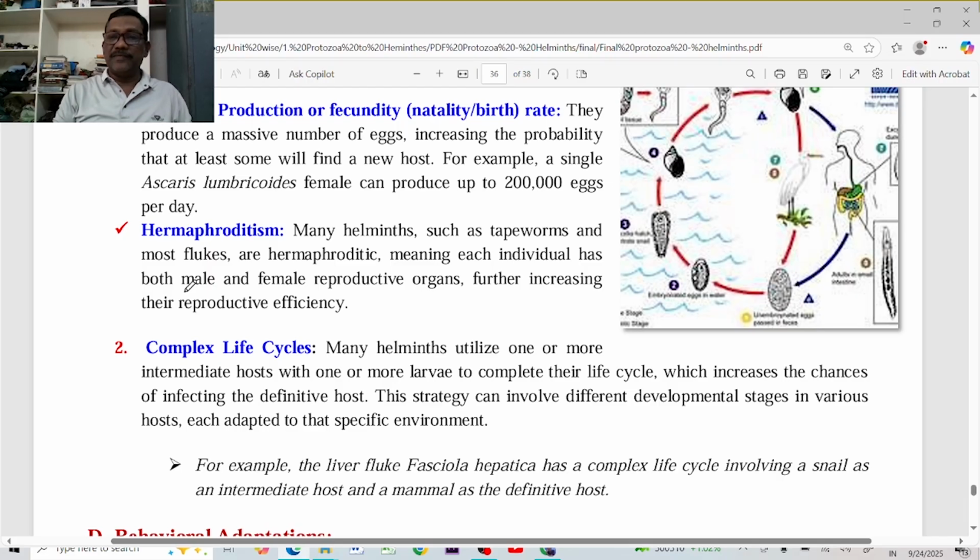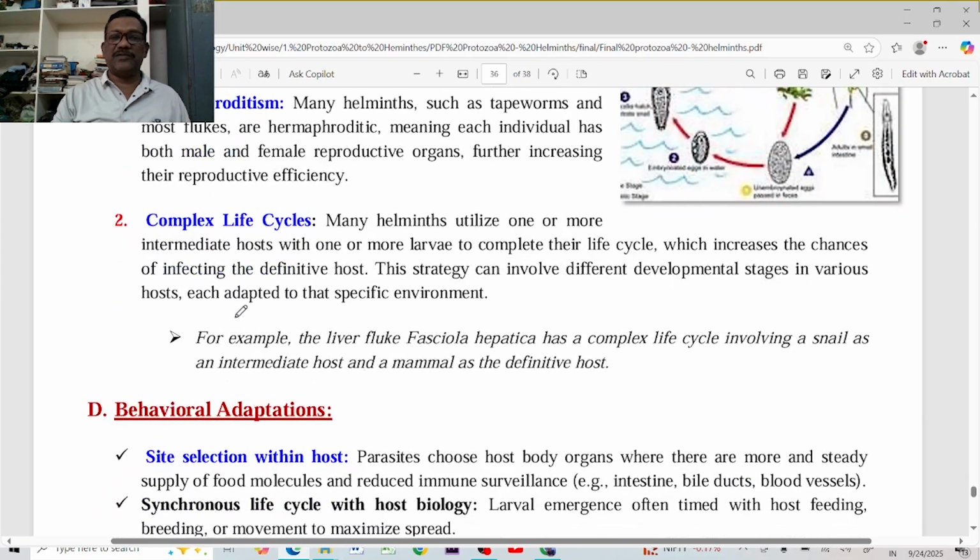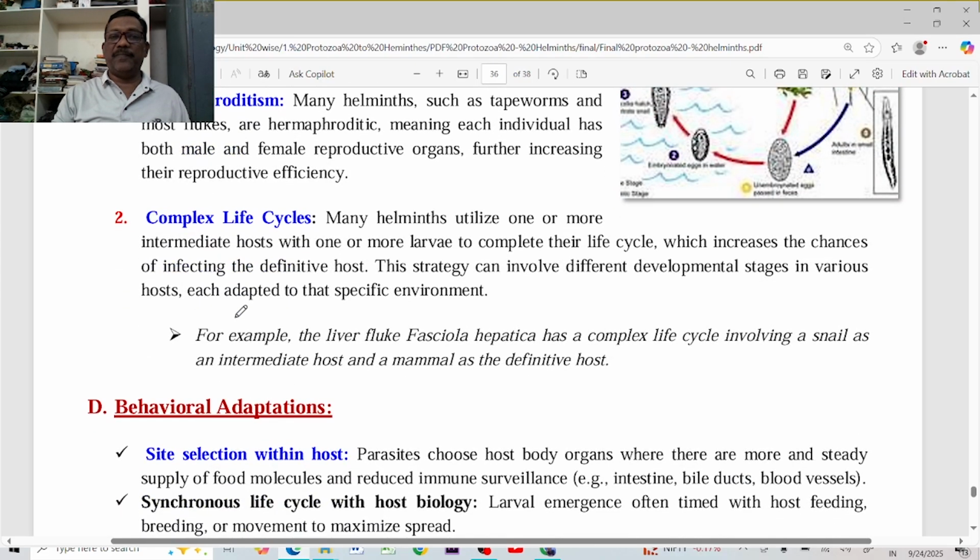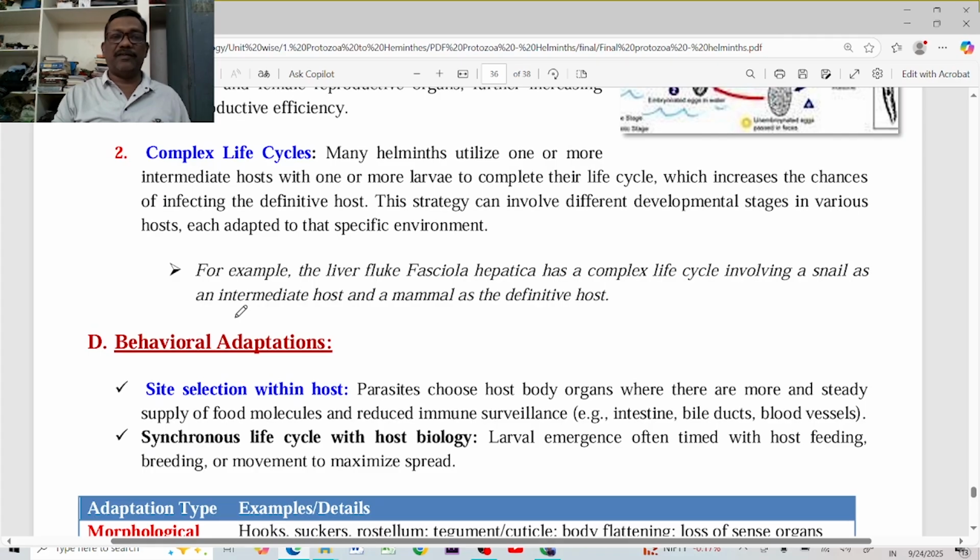This is more beneficial to those organisms because the mating success rate is increasing due to the presence of hermaphroditism. And the life cycle is very complex. There are many larvae.